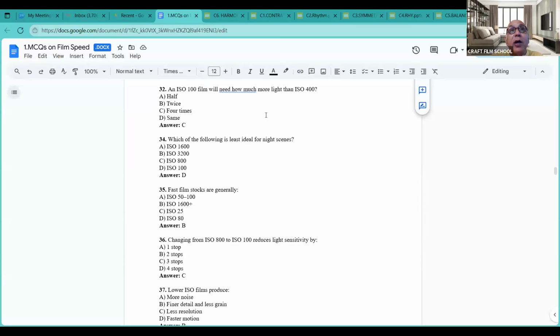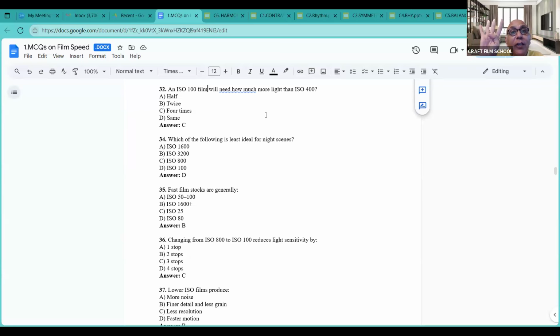When I go from 2.8 to f1.4, I have opened up the aperture 2 times. Earlier 200-foot candle of light was coming, now 400-foot candle of light is coming. So how many times has the amount of light increased? 4 times. Clear to everybody?